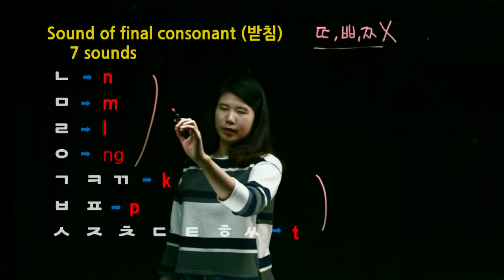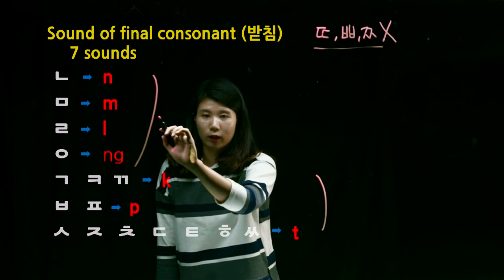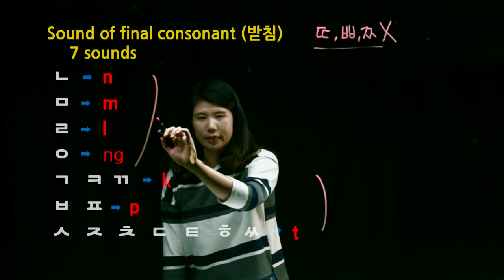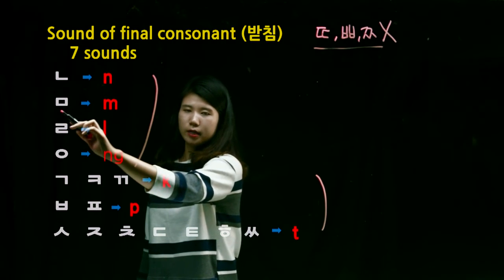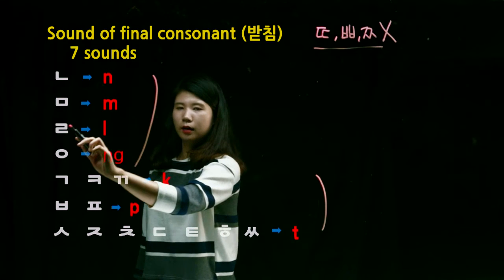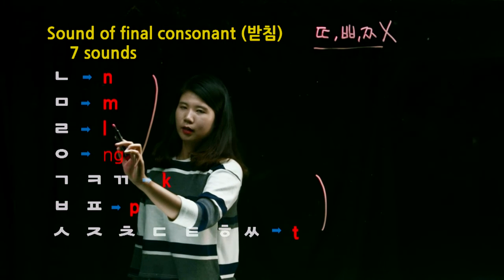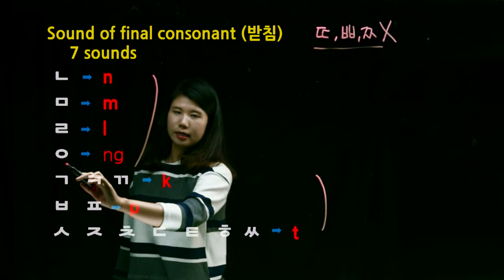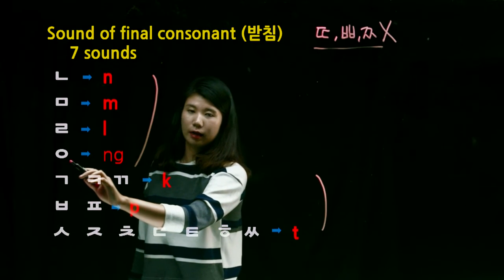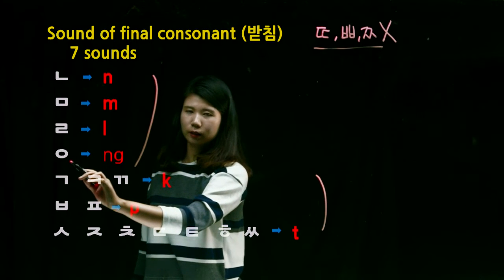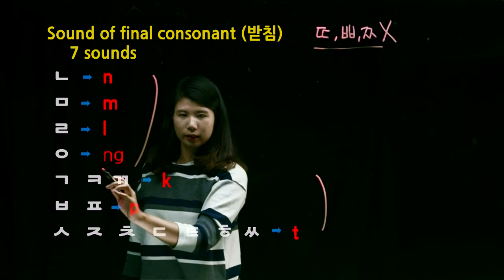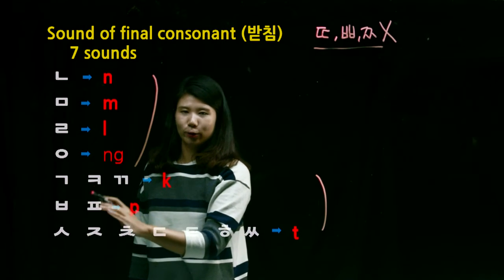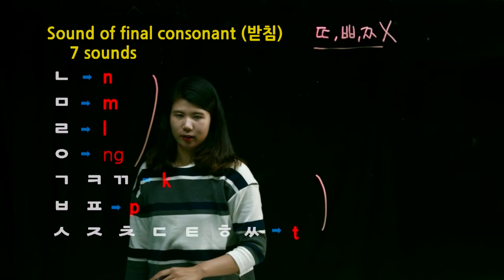These have the same sound as when they are pronounced as an initial consonant. So 니은, n, 미음, m, 리을, l. And remember, I said 이응 is a silent sound when it's used as an initial consonant, but it has a sound when it is used as a final consonant.